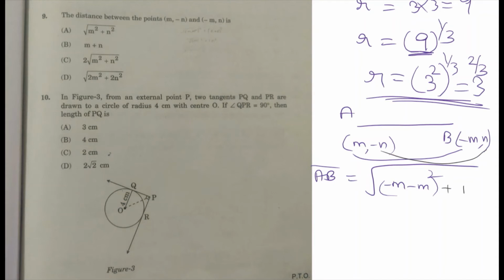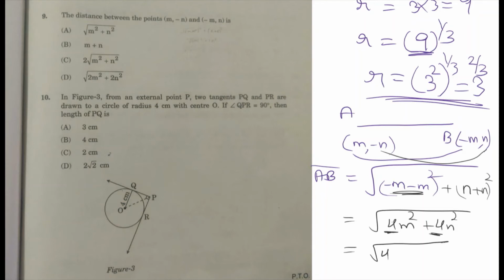So plus n minus of minus n is n plus n whole square. That equals 2m whole square, which is 4m square plus 4n square. Taking out 4 outside, so root 4 into m square plus n square. Root 4 is 2, so it becomes 2 into root m square plus n square. So option C.